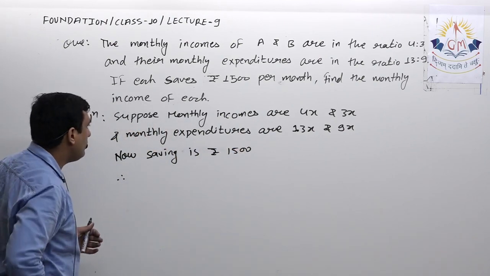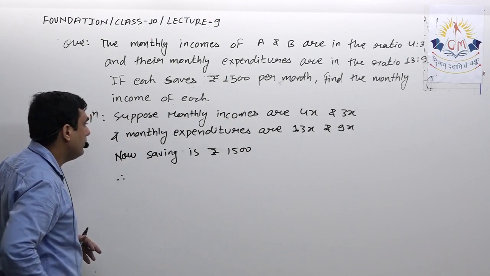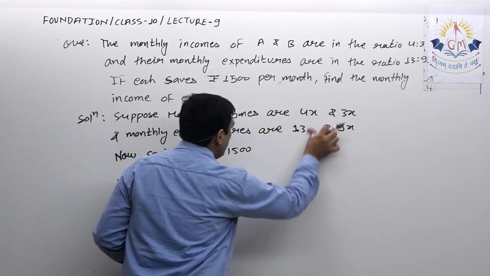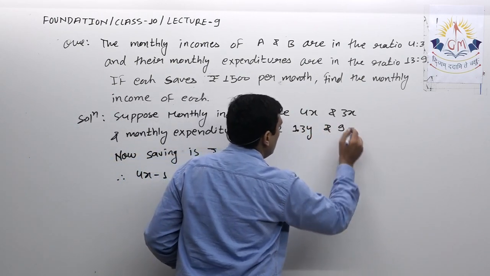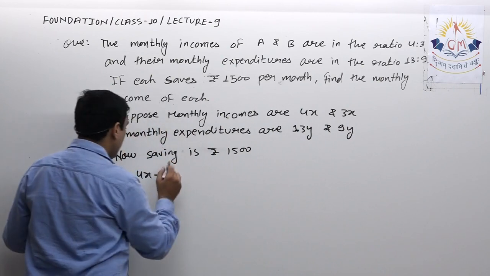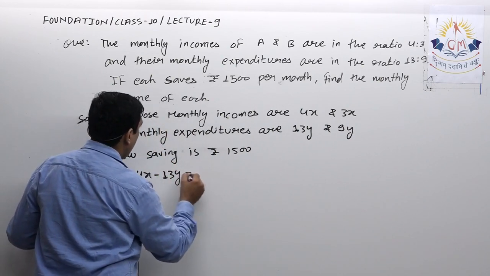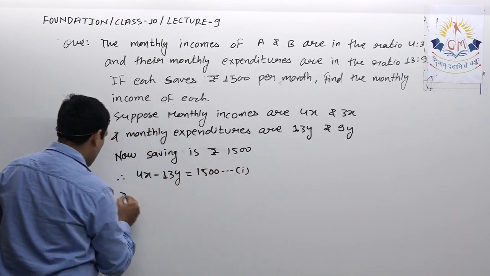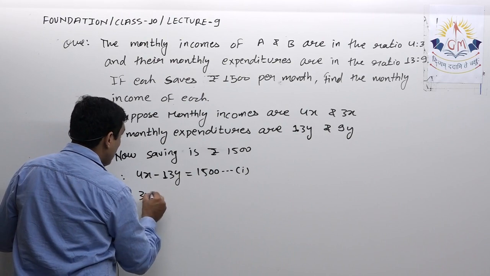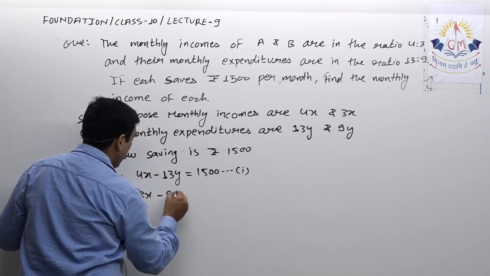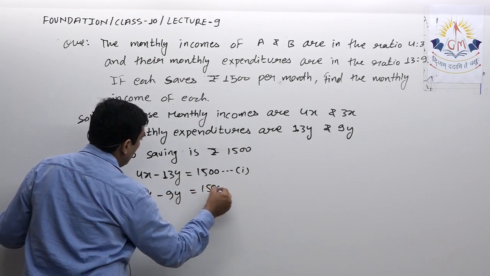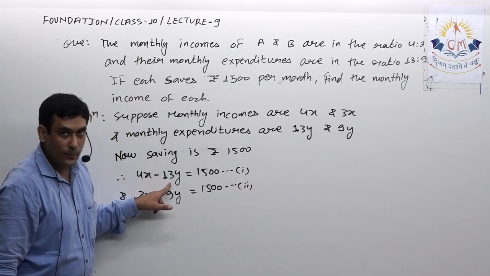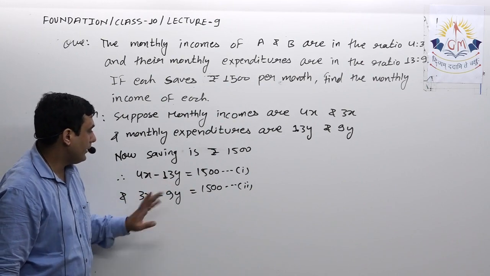Therefore I can write two equations: 4x minus, it should be y, that will be better. 4x minus 13y is equal to 1500, let it be equation number 1, and 3x minus 9y is equal to again 1500. These are the two equations. Income minus expenditure.